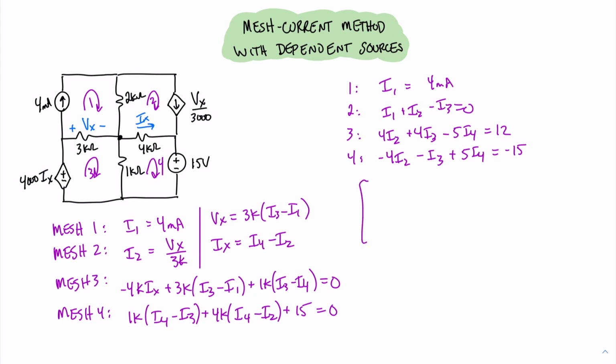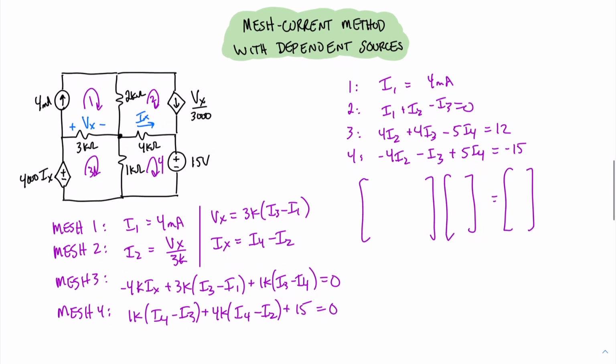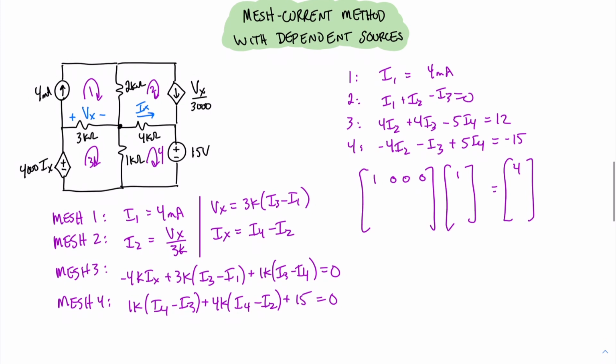and we can put this in matrix form. So let's go ahead and write our matrices here really quick. Since I1 is the only part of mesh number 1, we can say 1, 0, 0, 0 equals 4 over here. Again, we're doing the 1K milliamp conversion. That's I1 there.